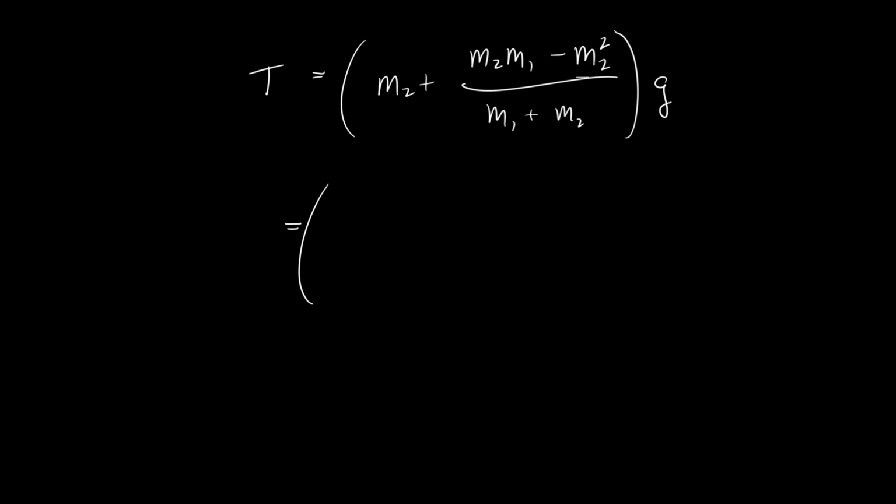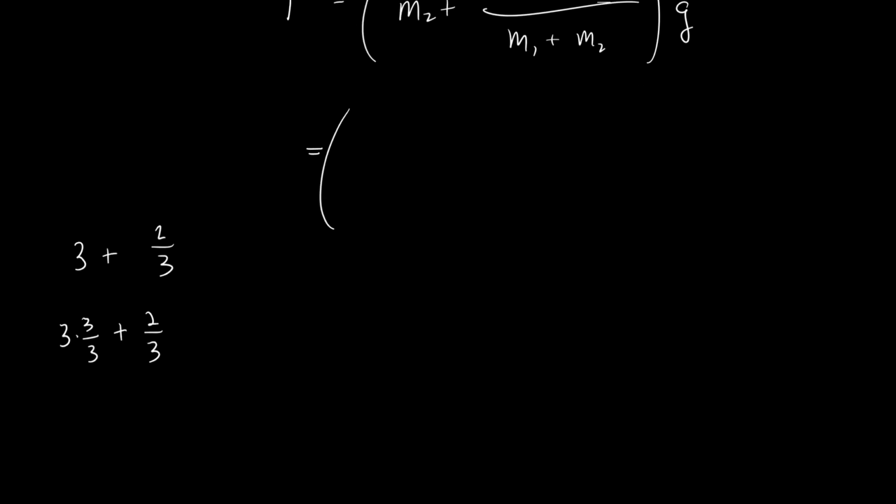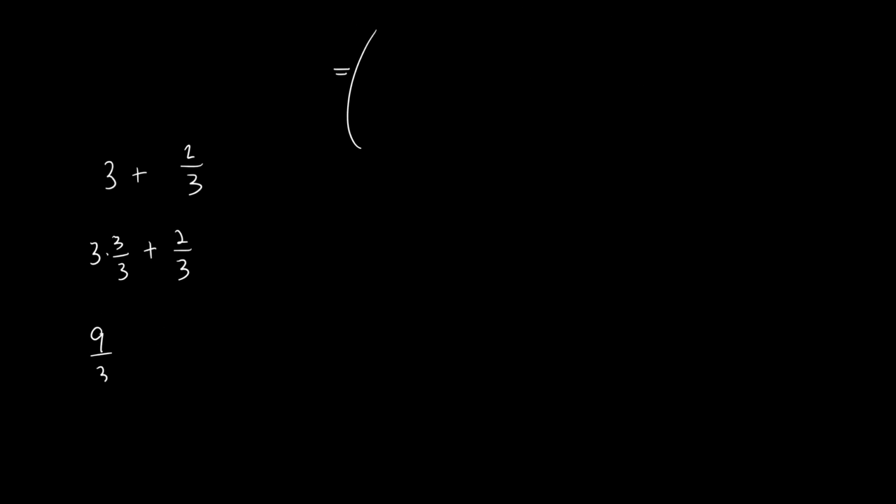It's no different than saying if I want to add, let's say, 3 to 2/3. Well, I'd have to get a common denominator. So I would multiply the 3 by 3/3 first to get common denominators, which would make it 9/3. So I'm just going to do that metaphorically over here.